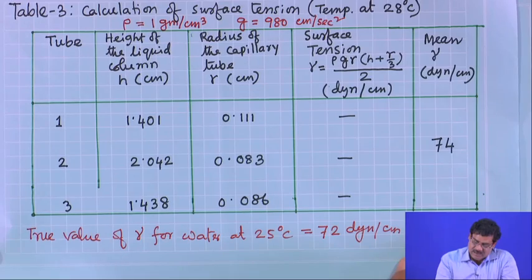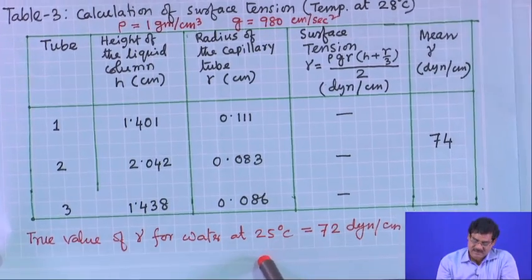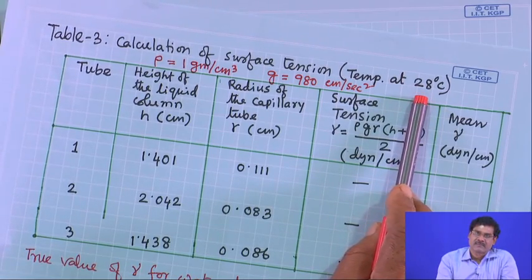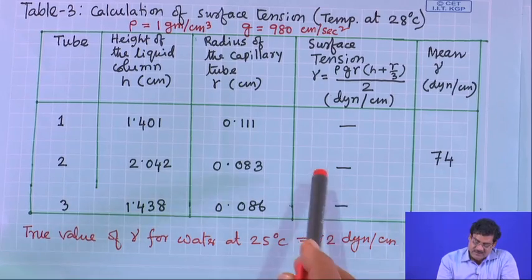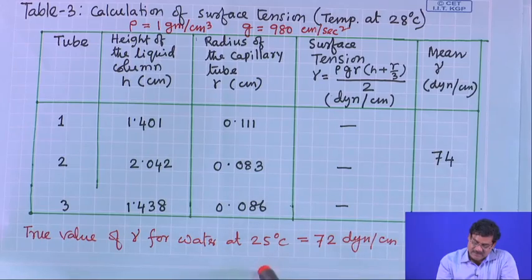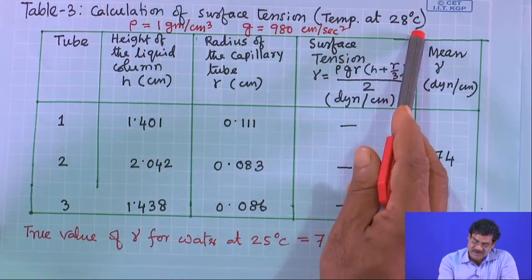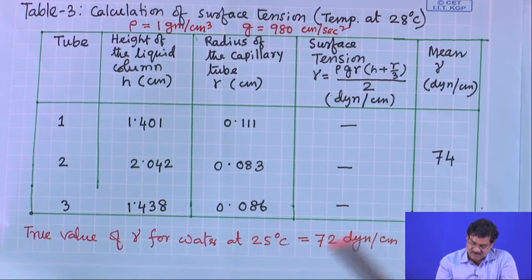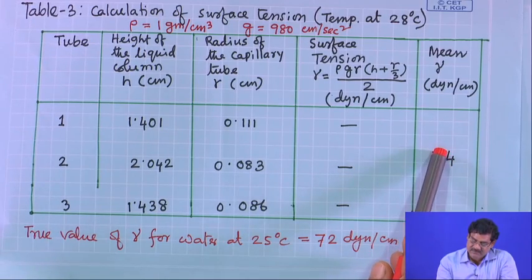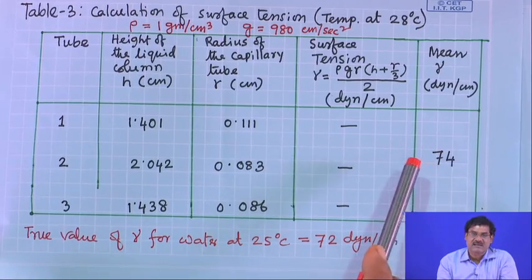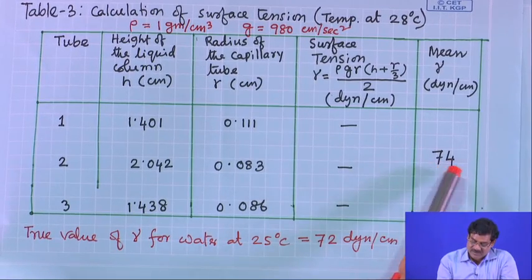Another difference is that the true value is at 25 degree centigrade, and in our case we have measured at 28 degree centigrade. Why is it a higher value, should I justify it in terms of temperature? No, I cannot, because if temperature increases, the surface tension of water decreases.